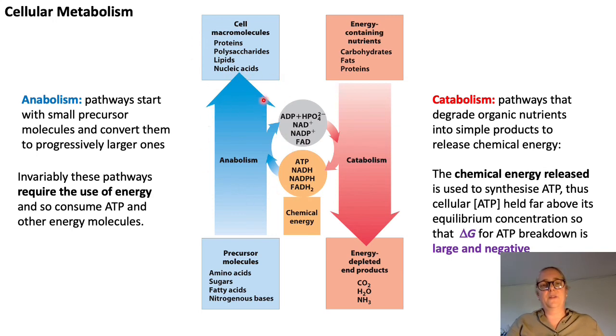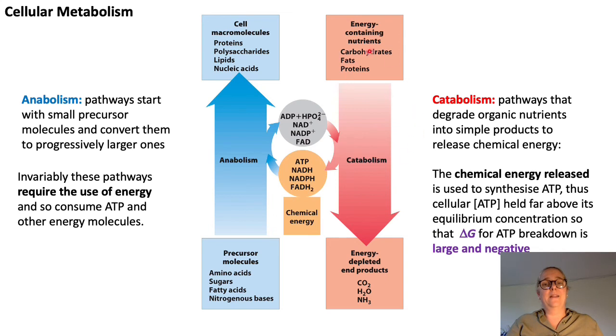The production of these macromolecules requires energy, okay? And the energy is actually made through catabolism. Catabolism essentially is taking those food molecules, the carbohydrates, the fats, the proteins, breaking them down to essentially waste products. These are energy depleted end products, things like lactic acid, carbon dioxide, water, ammonia.